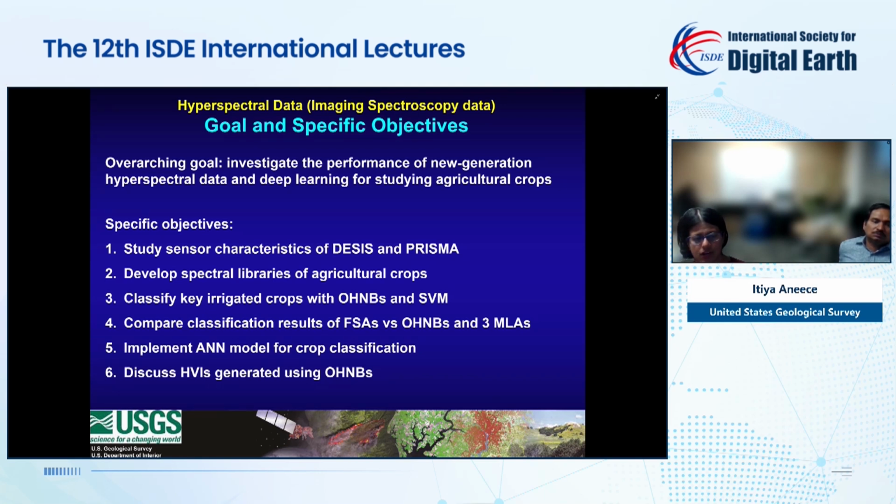So the first objective was to study sensor characteristics of Germany's DESIS and Italy's Prisma, develop spectral libraries of agricultural crops like GISA I mentioned earlier, classify key irrigated crops with OHNBs and support vector machines like Prasad and Partha mentioned earlier, compare classification results of full spectral analyses versus OHNBs using 3 machine learning algorithms, implement a deep learning model, artificial neural networks, for crop classification, and then discussing hyperspectral vegetation indices generated using OHNBs.